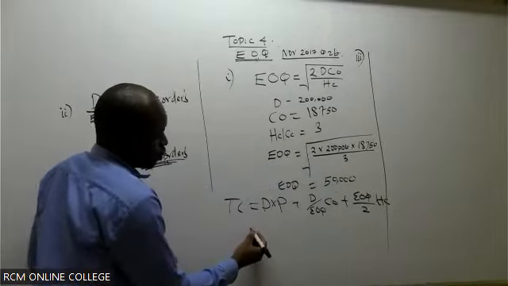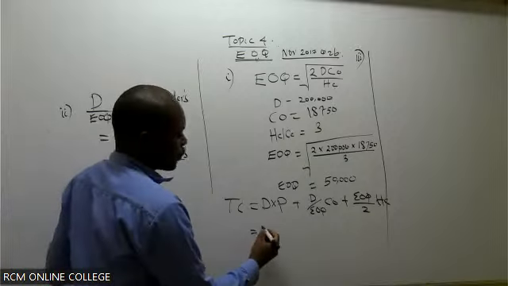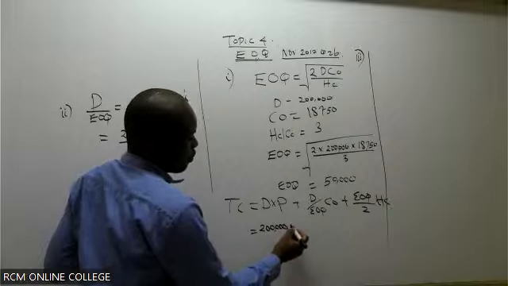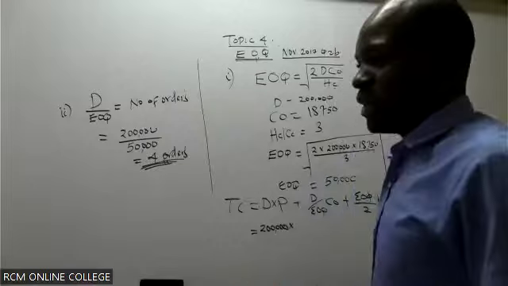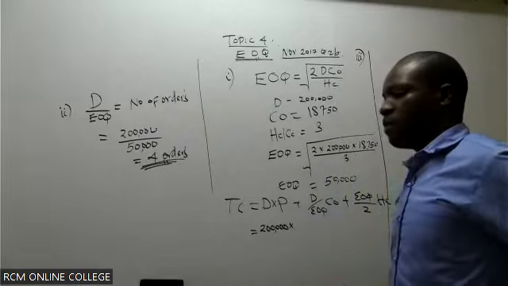So total cost will be equivalent to demand, which is 200,000, multiplied by purchase price. Within our question, do we have purchase price anywhere?